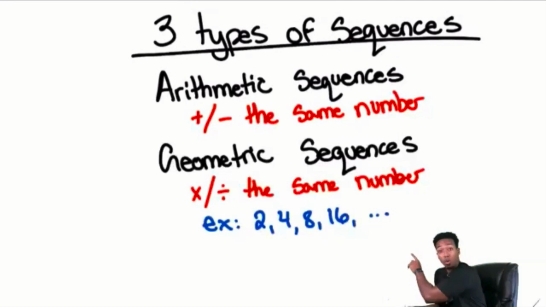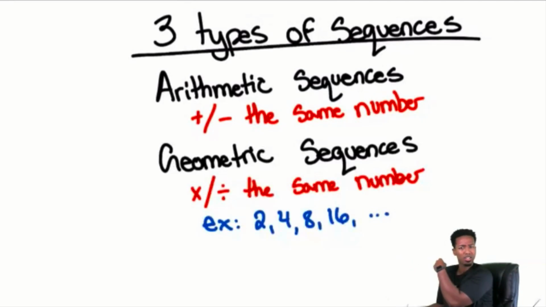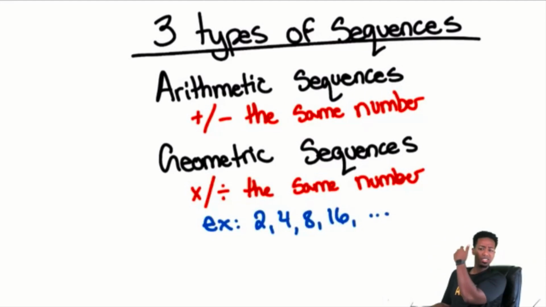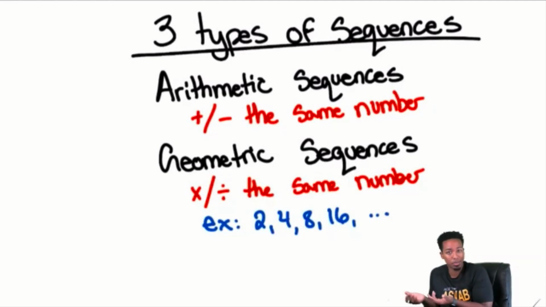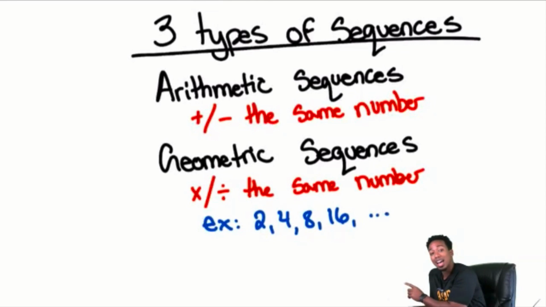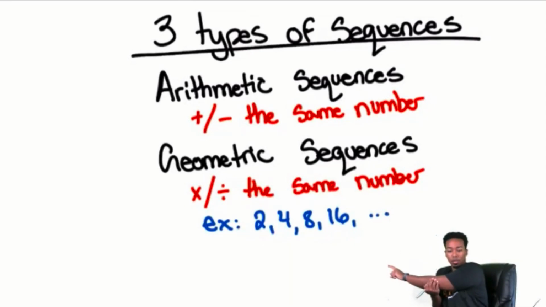From 2 to 4, that's plus 2. But then 4 to 8, plus 4, then plus 8. And so it's changing. It's not the same. So what's happening here is not that we're adding or subtracting the same number, but we are multiplying the same number. Everybody, what's the number that we're multiplying by in that sequence?